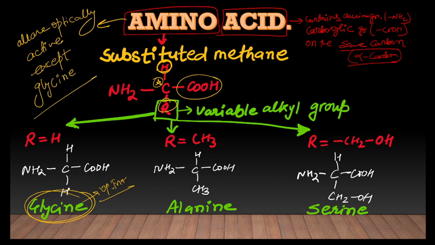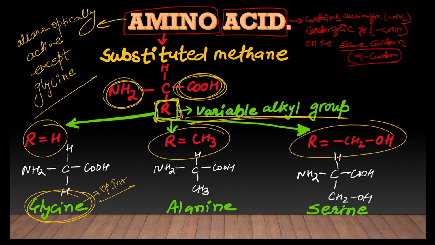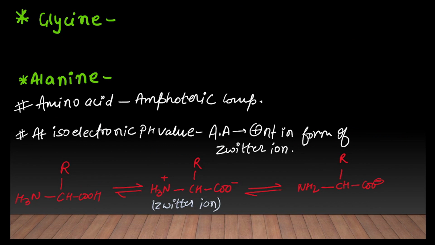In the amino acid, one group is H, another is NH2, one is COOH, and one is R, which is the variable alkyl group. The value of R is H, or CH3, or CH2OH. If it is CH2OH, the name will be serine; if CH3, alanine; and if hydrogen, glycine.